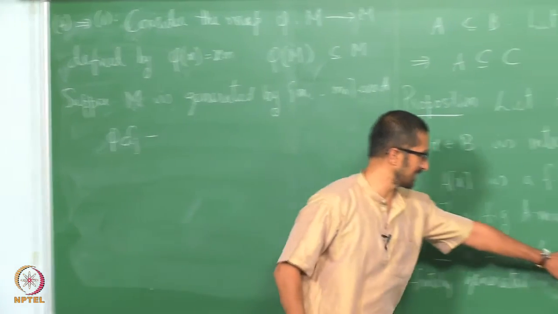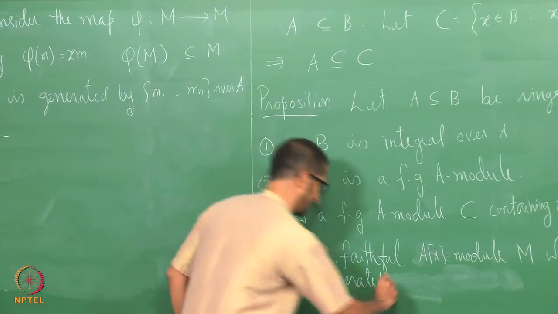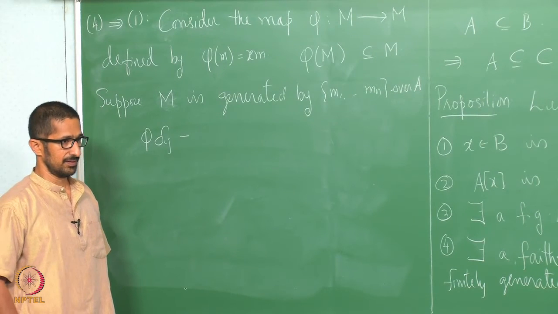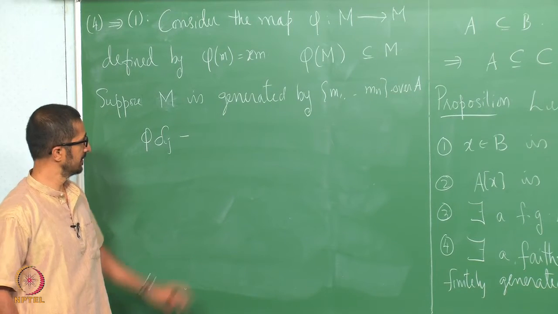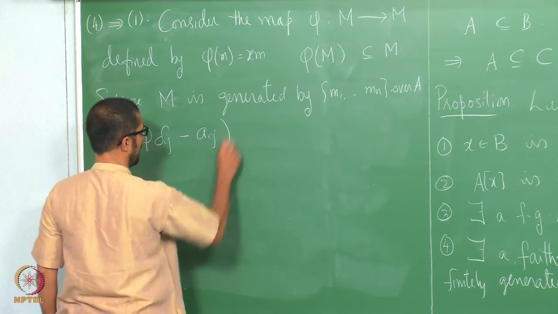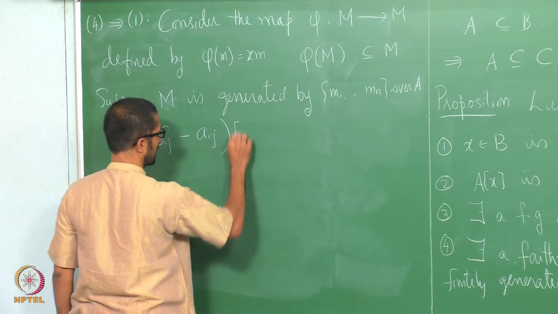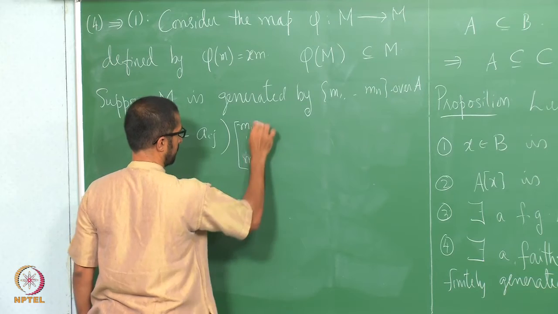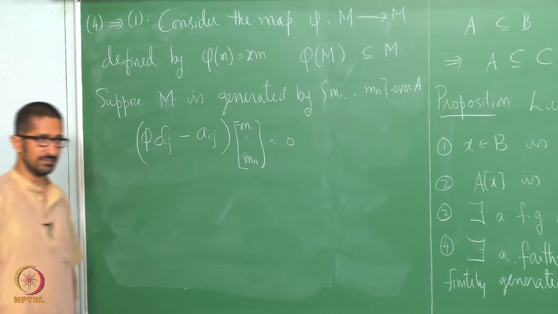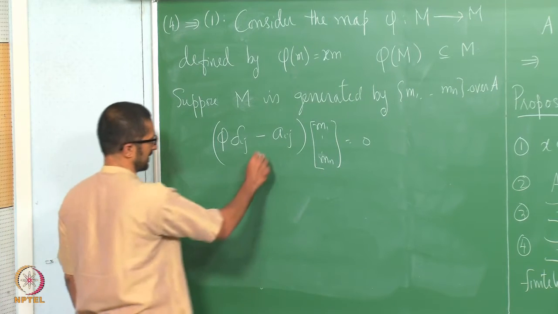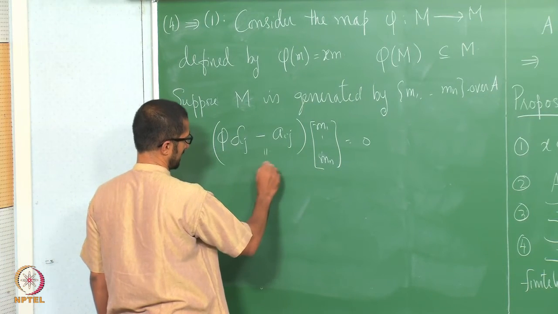What we are given is that M is finitely generated over A. So, I can write this as aij acting on this m1 up to mn, this is 0.